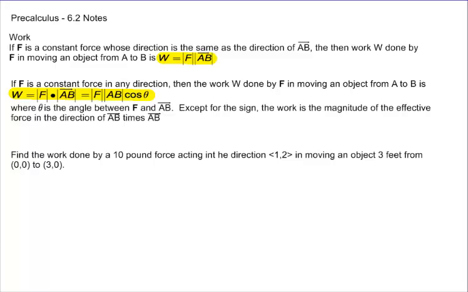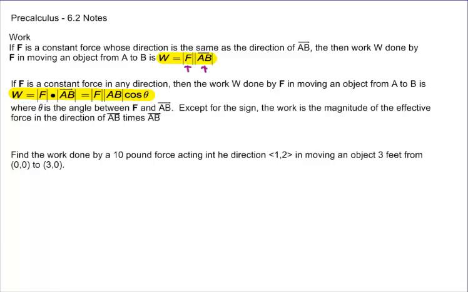All right, the last thing that you can do is look at work. If F is a constant force whose direction is the same as the direction of AB, then the work done by the force in moving an object from A to B is this guy right here. And remember, this is magnitude and magnitude.